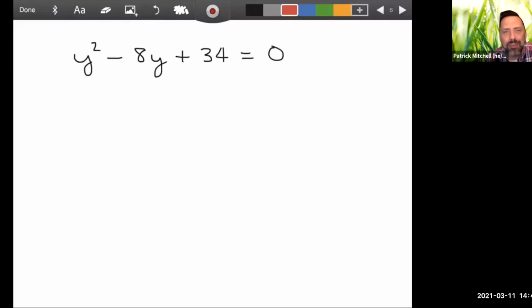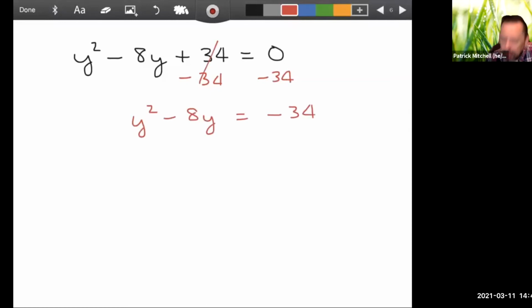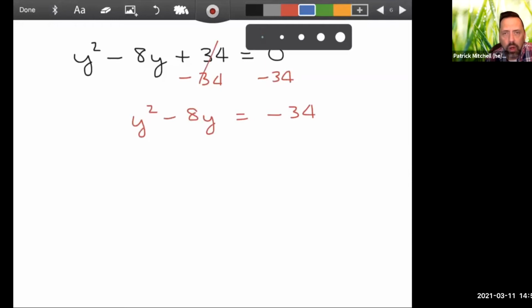So you take y squared minus 8y plus 34 equals 0. The first thing I'm going to do is subtract 34 from both sides. Okay, so that's going to give me y squared minus 8y equals negative 34. All right, so next I'm going to do the obvious thing. And I know you all did this.